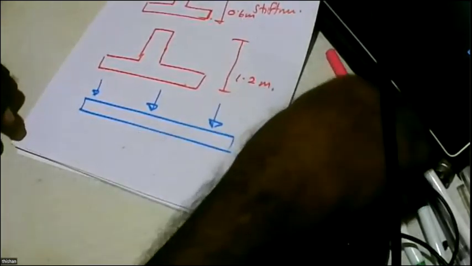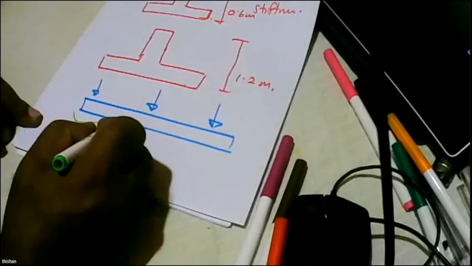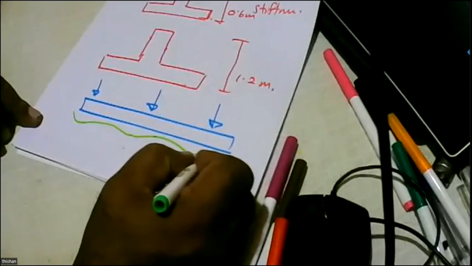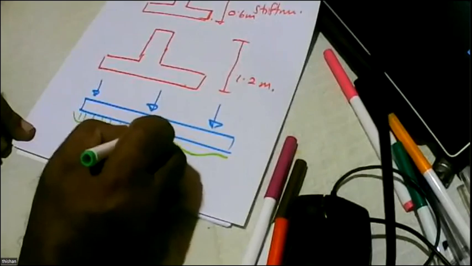Actual distribution is, we should have higher stresses here, lower stresses here, higher soil stresses here, lower stresses here, higher soil stresses, and all that. So this is the real distribution we expect.